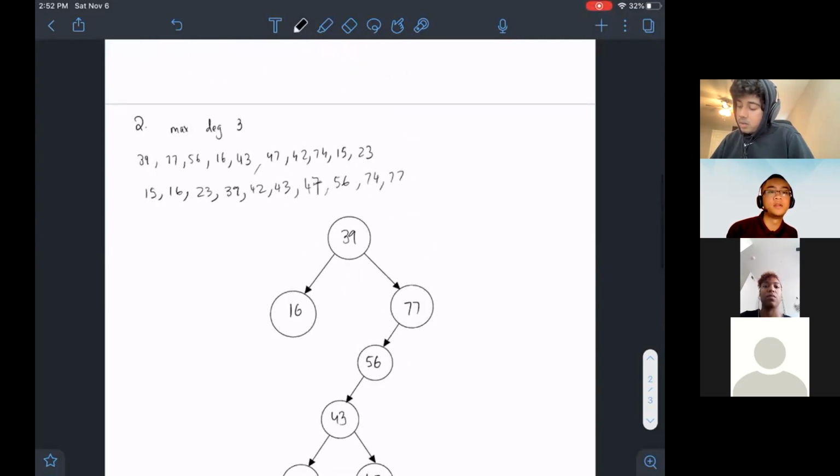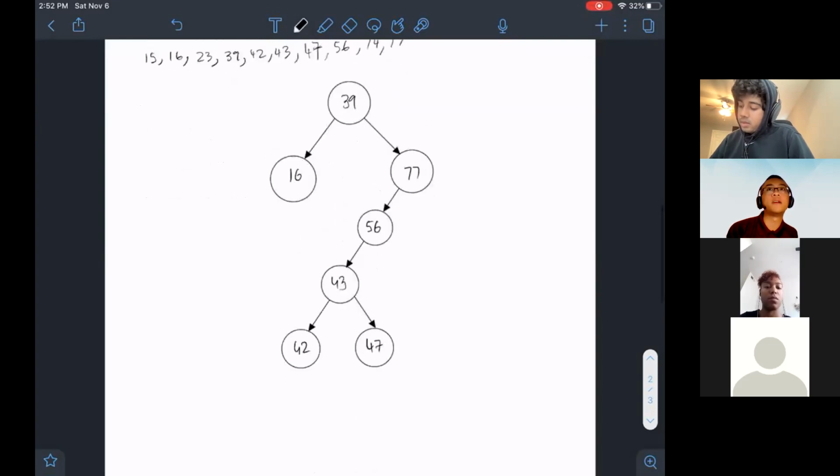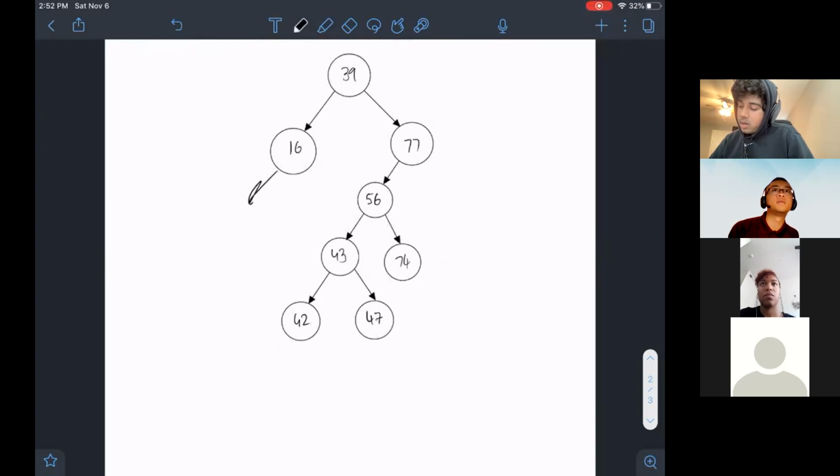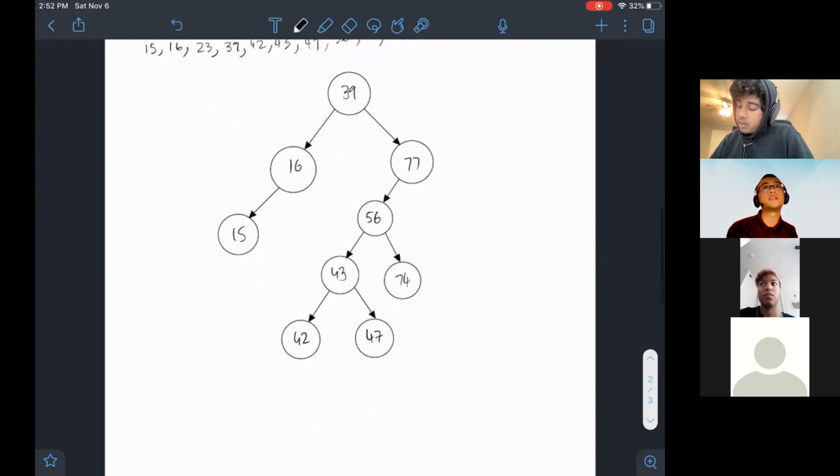And then we have 74, so that's going to the right of 56. Then 15. Then 23 is on the right of 16.